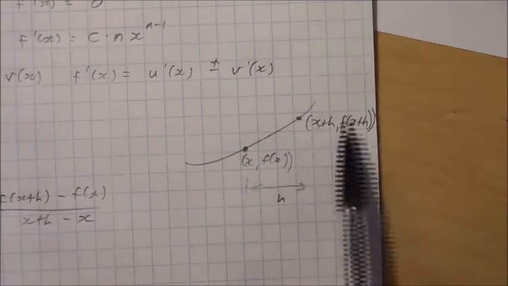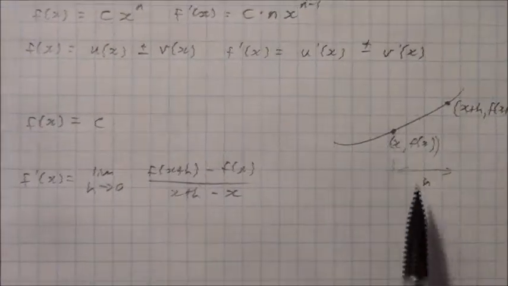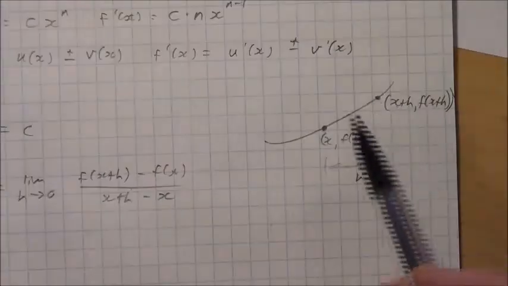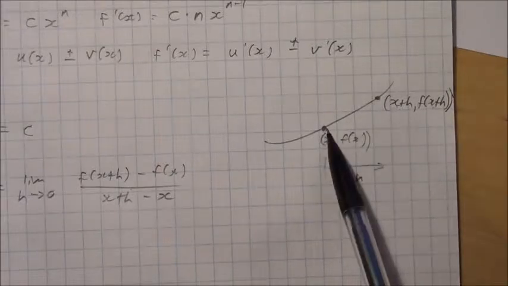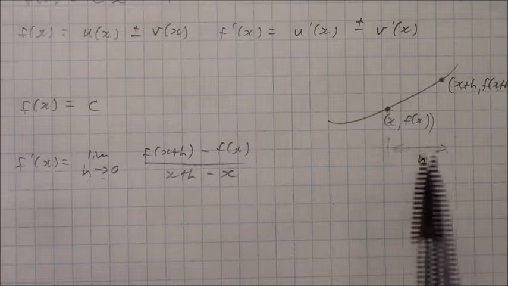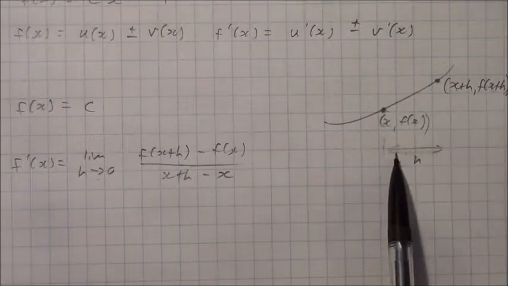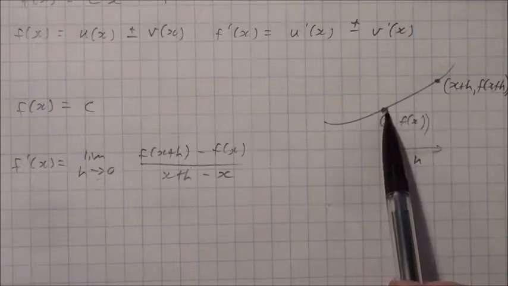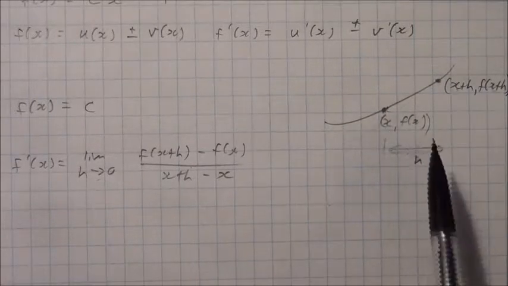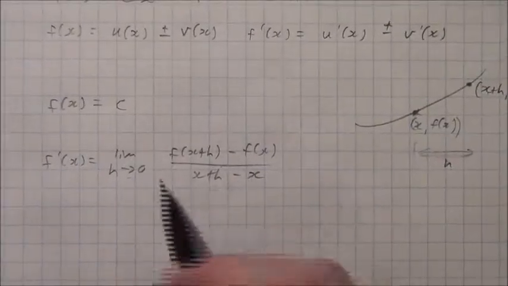So that's where we get the x plus h, and the f of x plus h is that second point that we're looking at. And of course we're trying to get these 2 points as close together as possible. So that's why we're taking the limit where h approaches 0, so that this horizontal distance between the 2 points gets closer and closer to 0, thus simulating it only being 1 point, or being so close together that it's effectively 1 point.